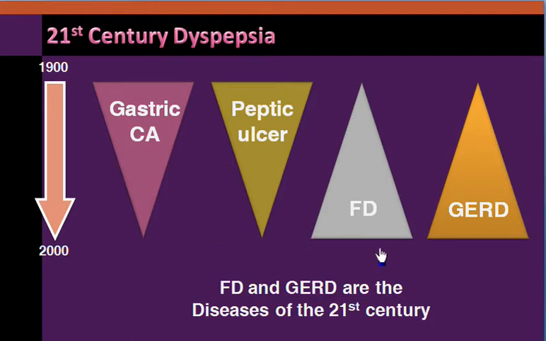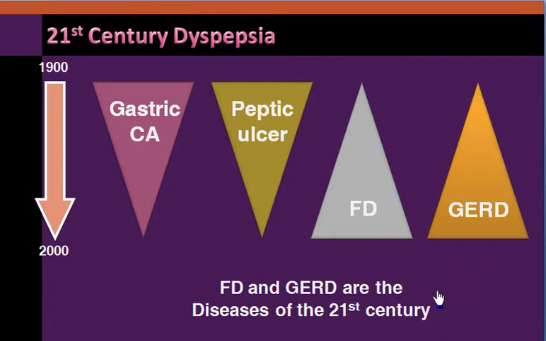Of course, there is nothing much to be happy about in this drop in these two. We have a compensatory increase in functional disorders, or functional dyspepsia, and the other entity, which is not a functional one, gastroesophageal reflux disease or GERD. So, the place of gastric carcinoma and peptic ulcer disease of the last century has now been taken over by functional dyspepsia and GERD, and there are many other conditions now coming up compared to the previous century.